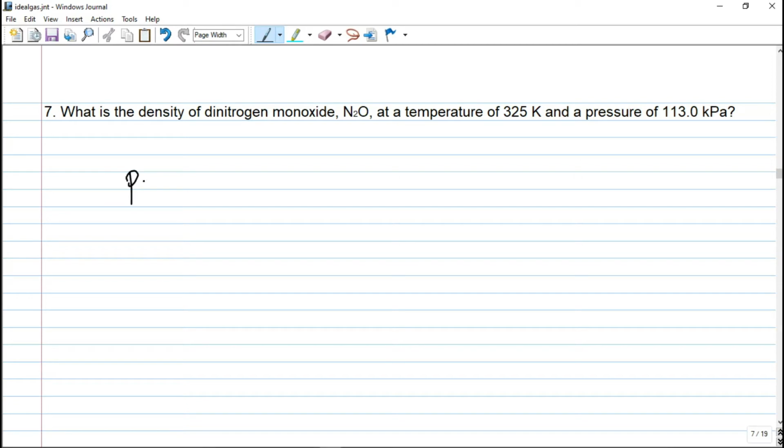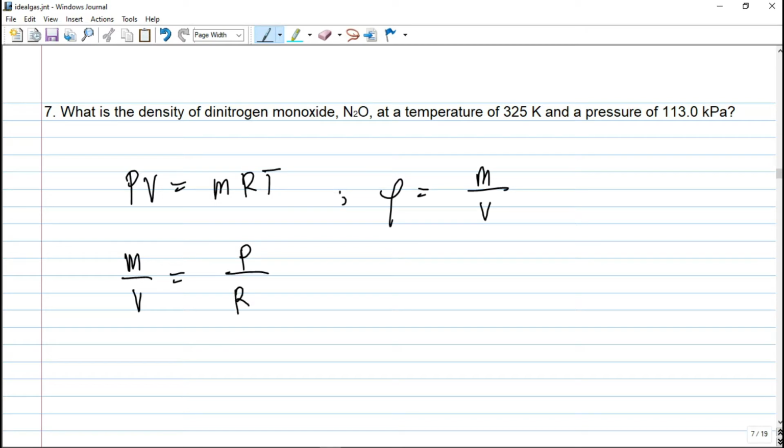So PV equals mRT. From our concept, density is the mass per unit volume of that substance. So let's extract m over V from PV equals mRT. From this equation, we can say that m over V is equal to P over RT. So this is density.